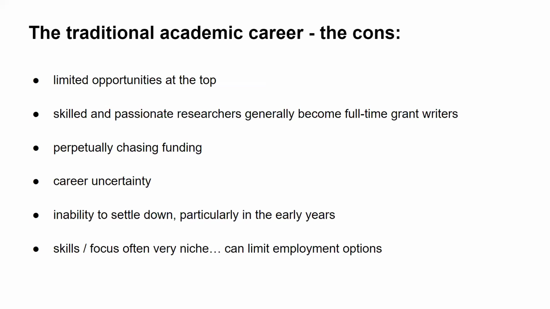People who, for example, want to have children have to start thinking in terms of needing a more stable supply of income. They need to be in one place long enough to put kids in school, and they need to worry about their partner's employment as well. They can't just up and leave to the other side of the world. So these are things to think about if you're at an early stage in your career and are at the moment thinking about the more traditional academic role.